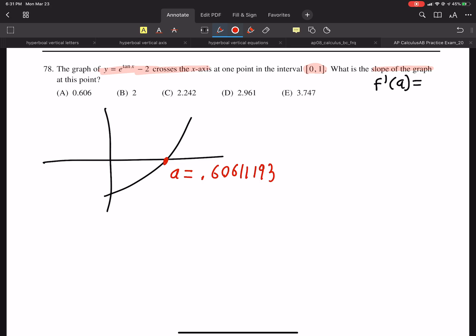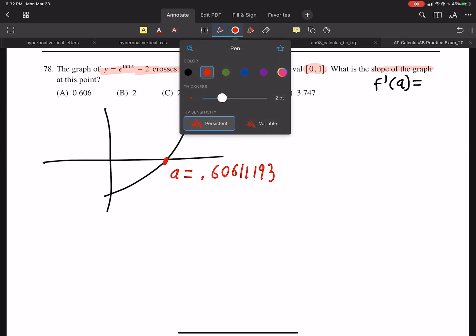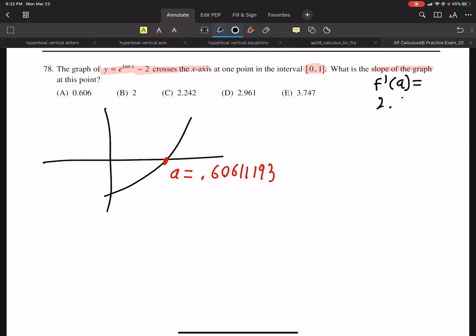Store that in your calculator, so go to your home screen, take X, store A. Now all you have to do is do math 8 to find the derivative. Plug in y1 for your function. I'm assuming that's where you put your function. And alpha A, the number you stored. And that comes out to be 2.960912557. And that gives us an answer of D.